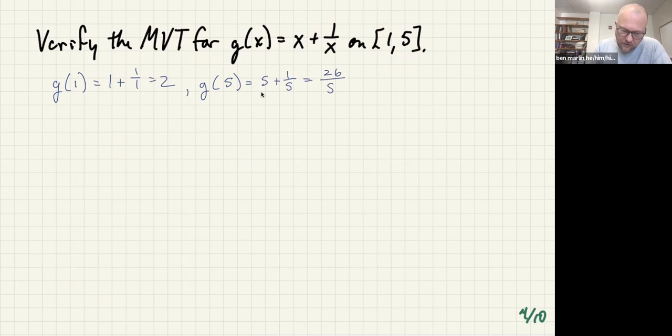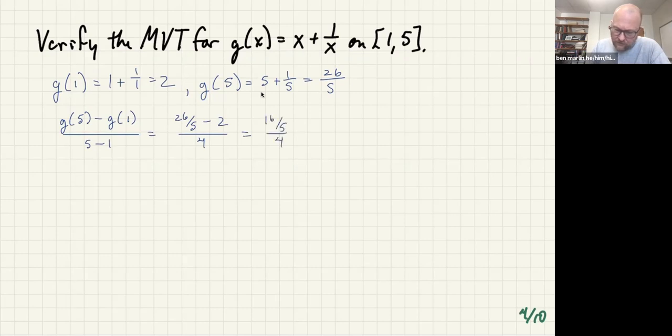And so now our g of 5 minus g of 1, divided by 5 minus 1, is going to be equal to 26 over 5 minus 2, divided by 4. And let's see, 2 is going to be 10 over 5, so that is 16 over 5 over 4, which is going to be 4 over 5.